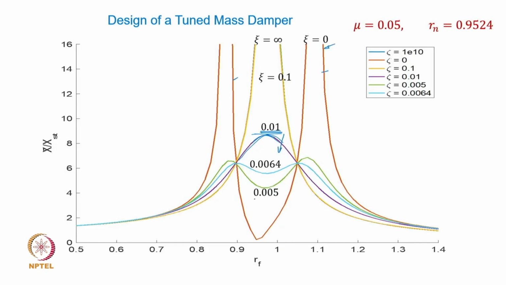But if I take a smaller value, let's say 0.005, it gives you the response something like that. And if I ensure that the damping ratio is properly optimized, I get the response which is not showing stronger peaks but is reasonably well contained.